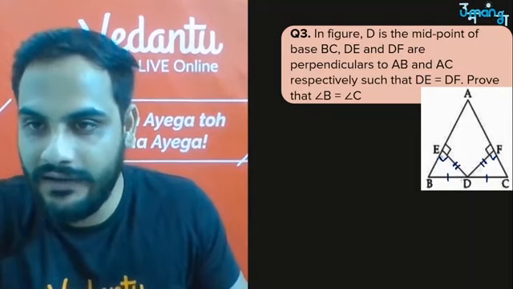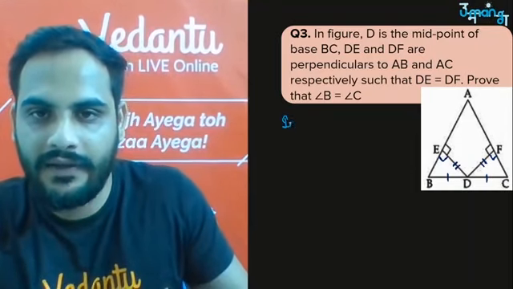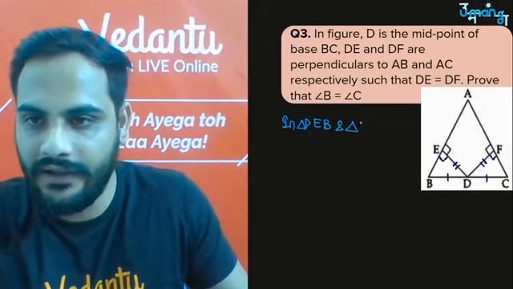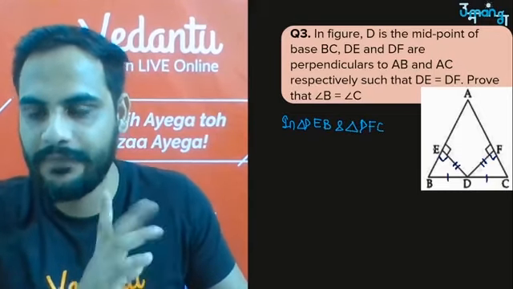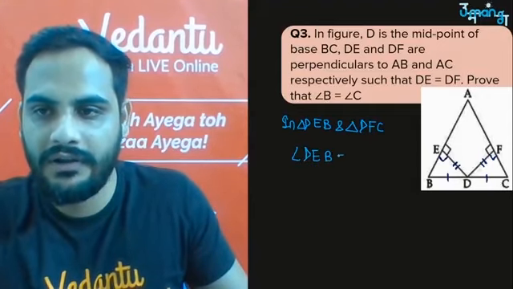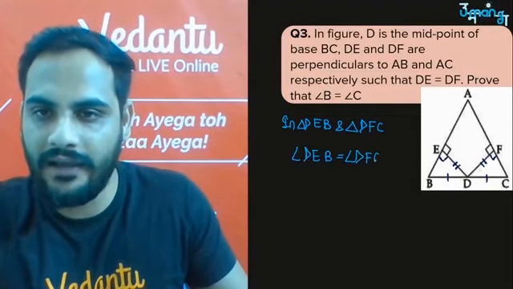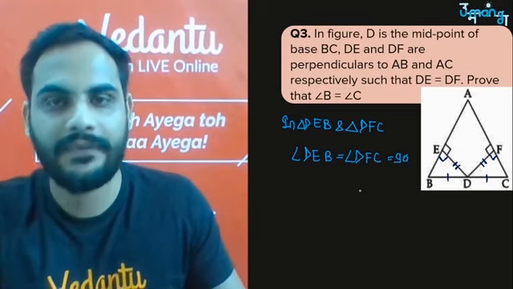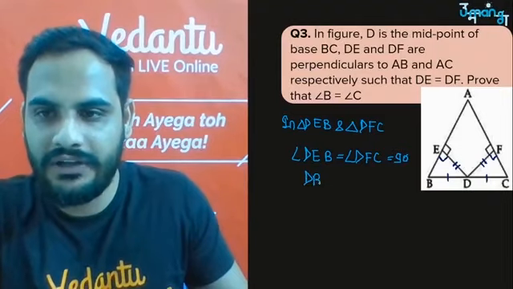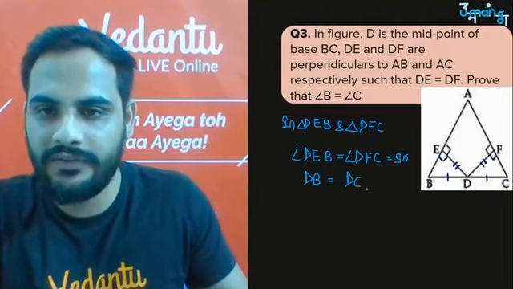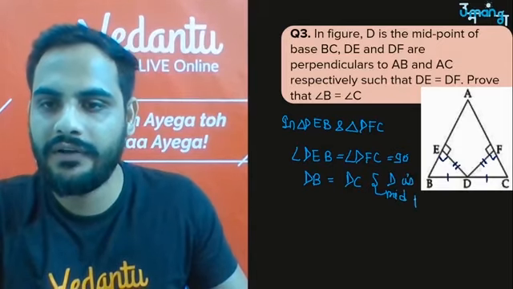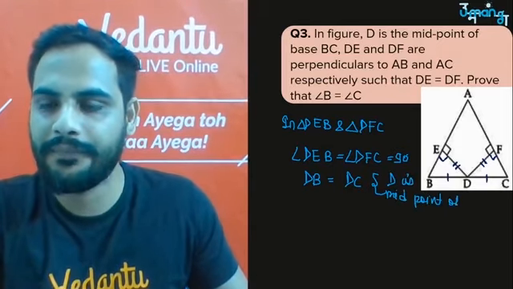That is your triangle DEB. I will say, sir, in triangle DEB and triangle DFC, first thing I know is angle DEB is equal to angle DFC, both are 90 degrees, right? Second thing I know is that the hypotenuse is DB, so DB is equal to DC because D is the midpoint of BC, right?